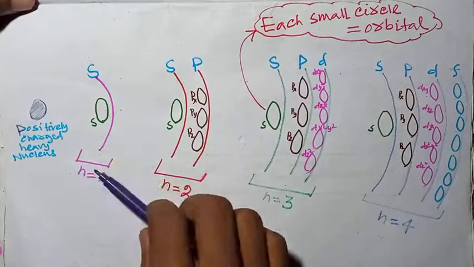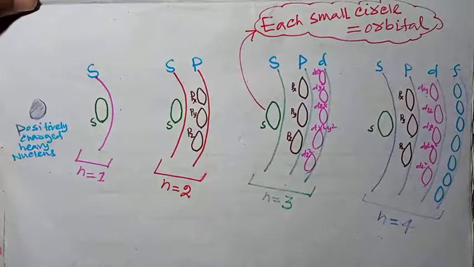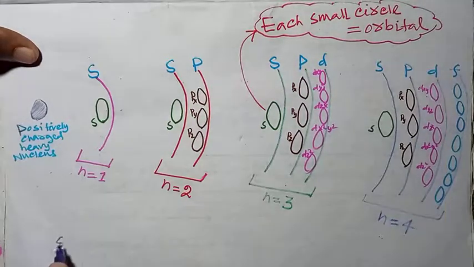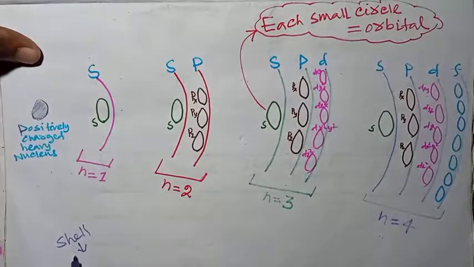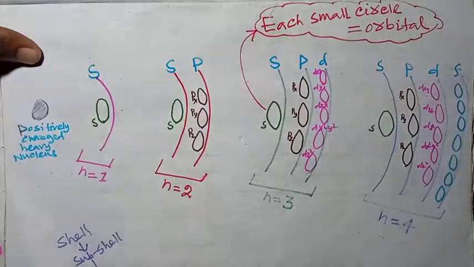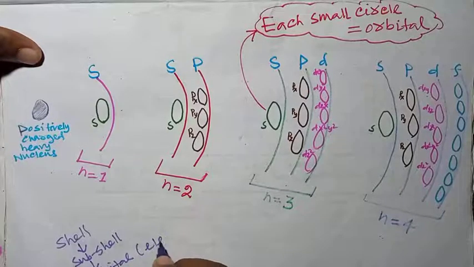Each shell contains some subshells and subshells contain orbitals. So this is the order. First you have the shell, shell is composed of subshells, and subshells are composed of orbitals, and inside orbitals electrons are present.